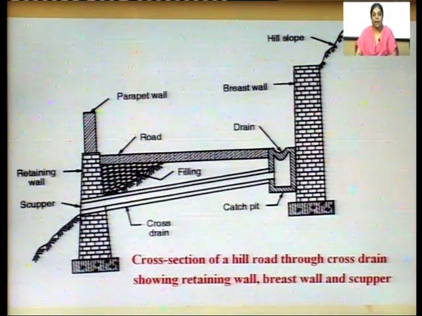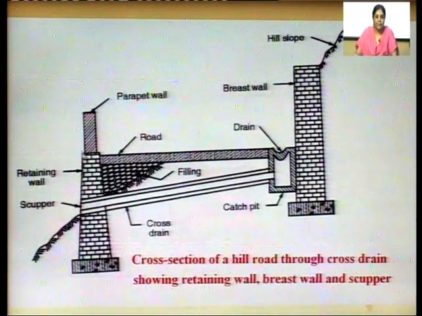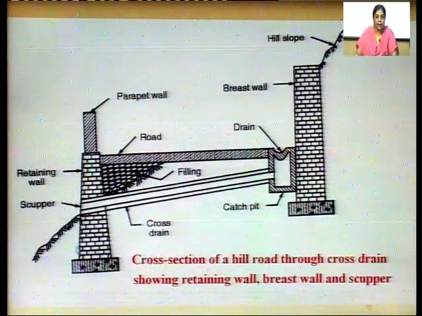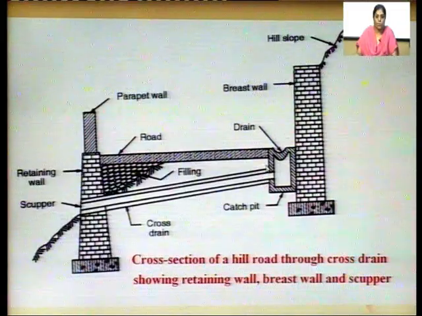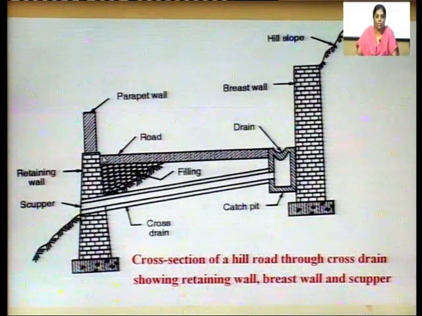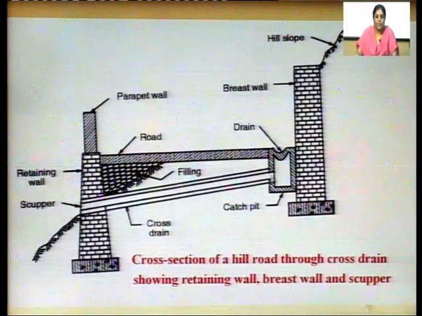So, this is the diagram. You can see that this is the retaining wall, here is the retaining wall. This is the down slope, this is the upper hill slope. This is the section of the road. There are other things also. You can see the drain here. You can see a scupper here.